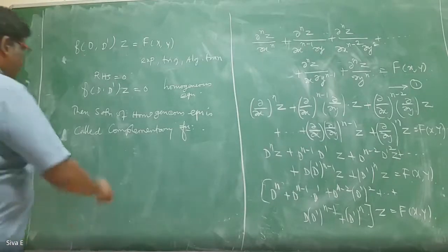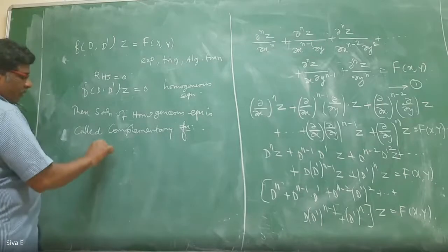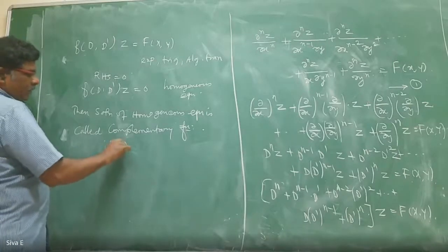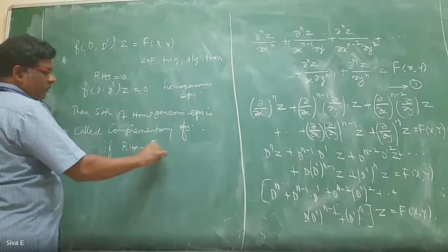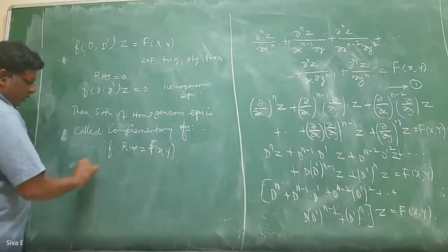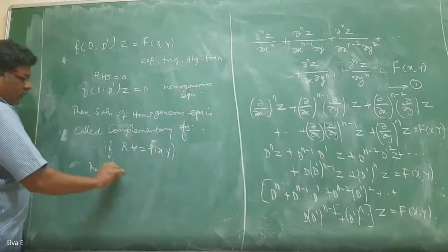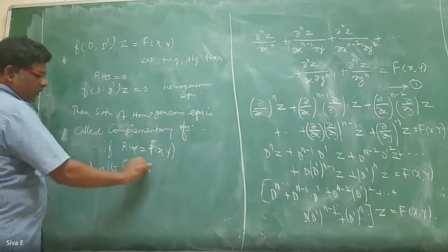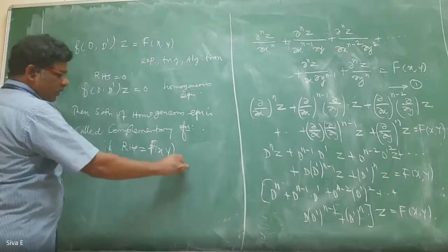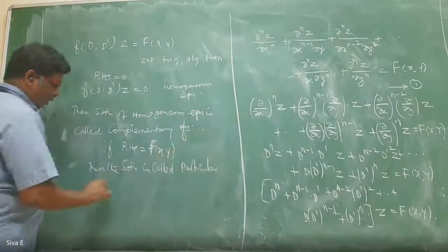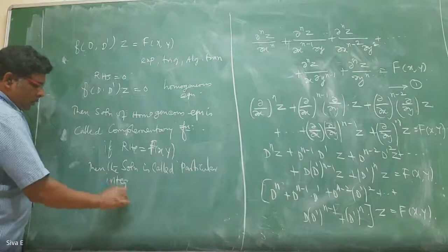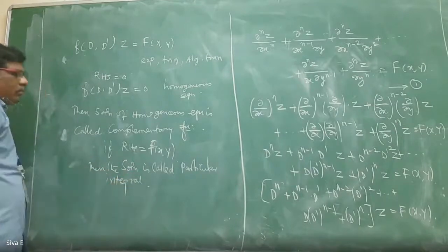When the right hand side is not equal to 0, some function of x comma y, if the right hand side equal to some function of x comma y, then the solution is called particular integral.